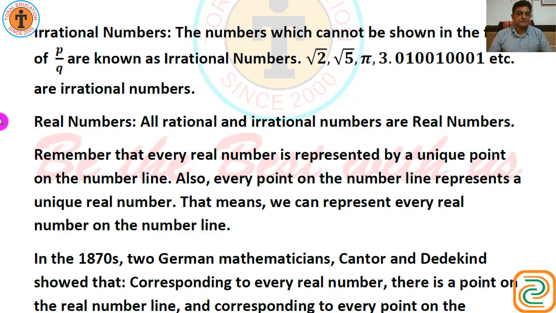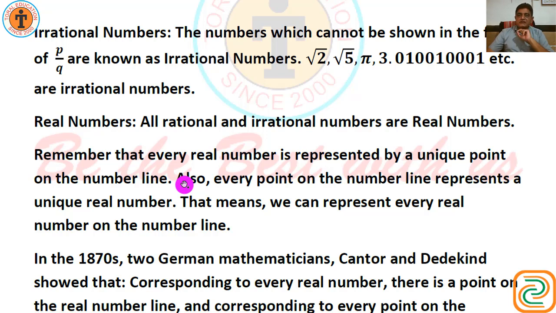Then real numbers. All rational and irrational numbers are real numbers. So real numbers are the final set of numbers. We can say rational and irrational numbers are included in real numbers. Remember that every real number is represented by a unique point on the number line.